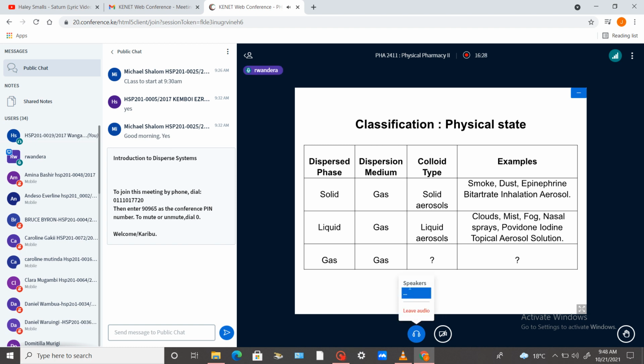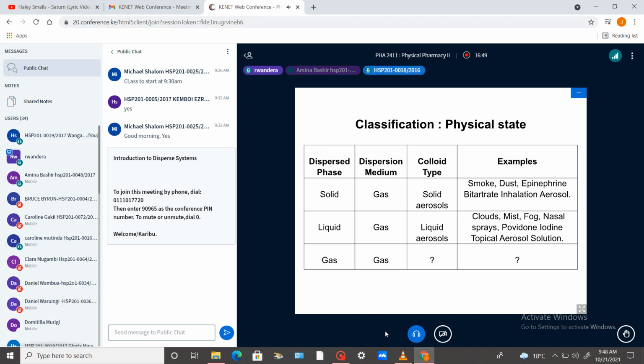Remember, we are looking at the physical state of nature. So we've looked at all the other states apart from having a gas dispersed in a gas. Amina Bashir? What happens when you have a gas dispersed in a gas? What is the colloid type formed?